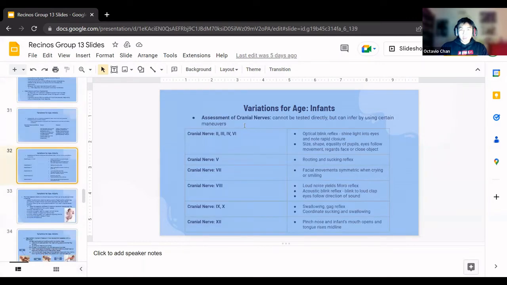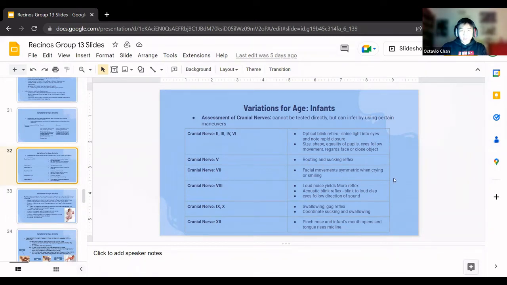When you're assessing the cranial nerves for an infant, they cannot be tested directly, but you can infer their function by using certain maneuvers. For cranial nerves 2, 3, 4, and 6, you can do the optic blink reflex, as well as noting the size, shape, and equality of the pupils, as well as whether the eyes follow movement or not. For the 5th cranial nerve, you can use the rooting and sucking reflex.